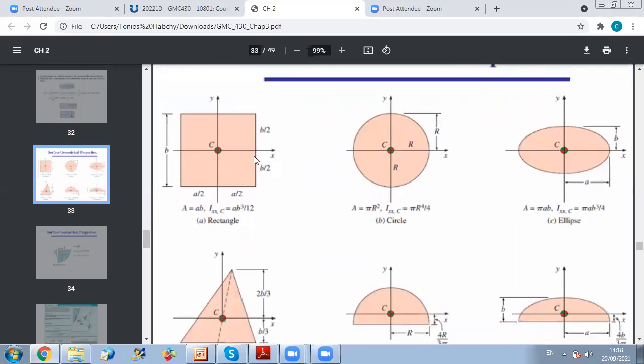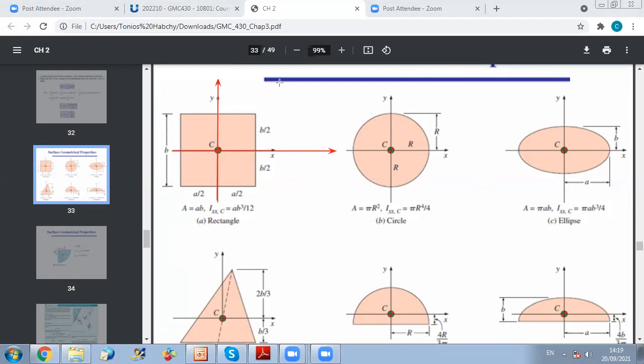For example, if your surface of interest is rectangular, then this formula sheet tells you that I have an x-axis passing by C, the centroid, and the y-axis, and they should be parallel to the sides of your rectangle. So you cannot take them inclined, you should take them in this way.